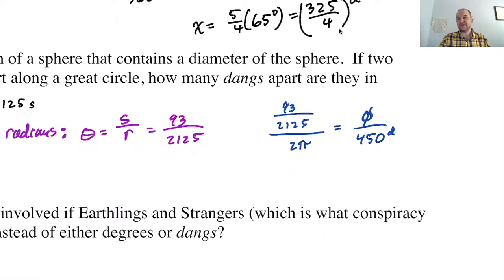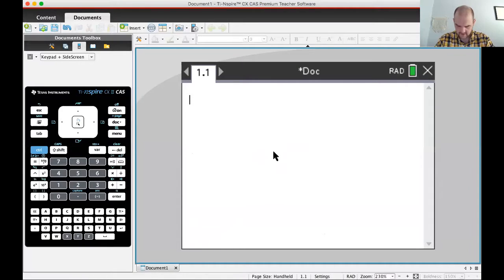So let's go to the calculator, because I do not want to do this by hand. I'm going to say parentheses 93 over 2125 out of 2 pi. So this is radians out of radians equals, I actually do this kind of thing a lot, so I'm just going to say it's x out of 450.